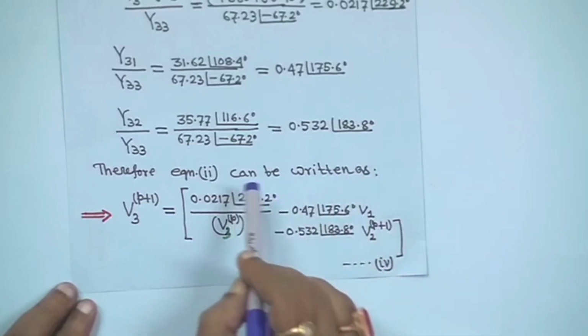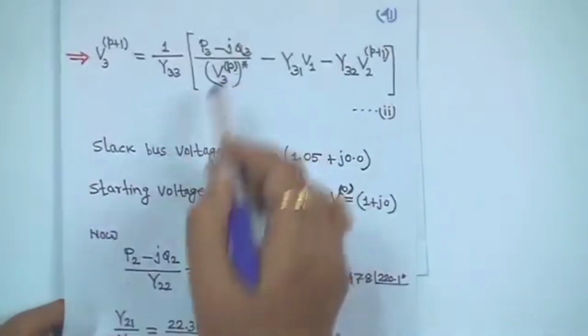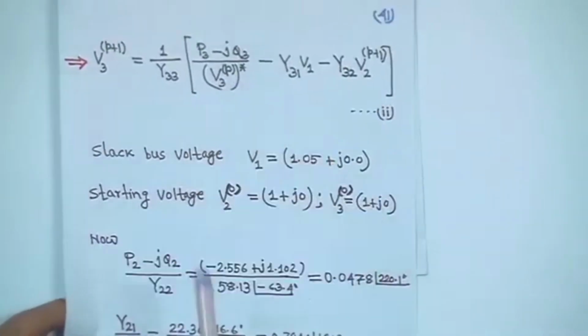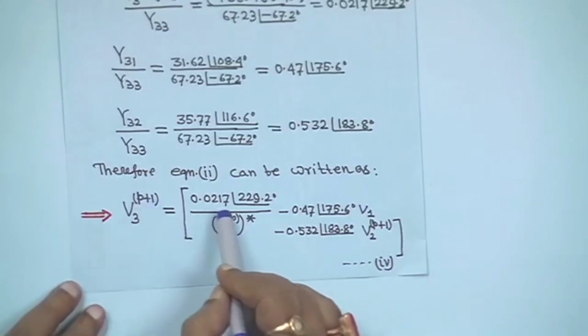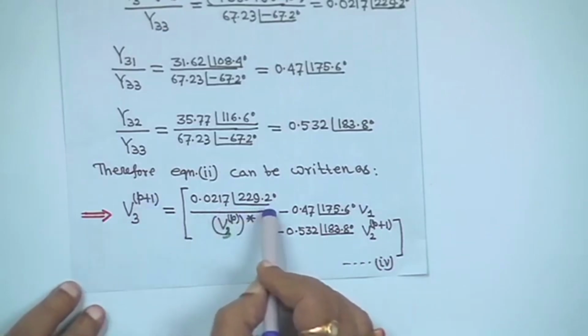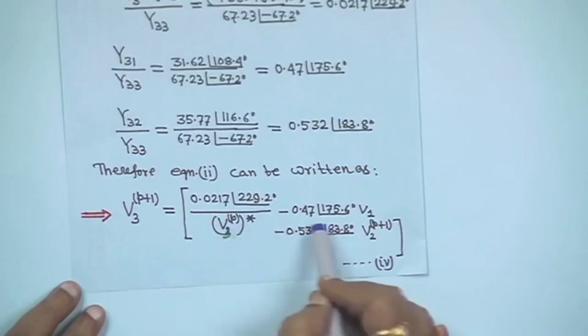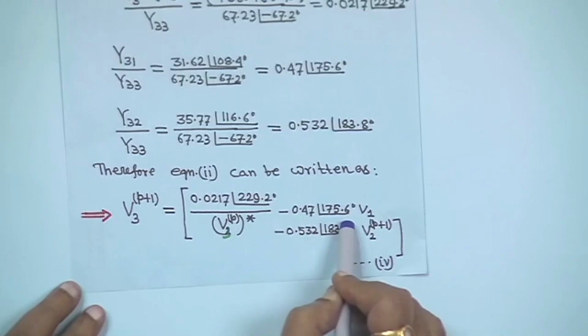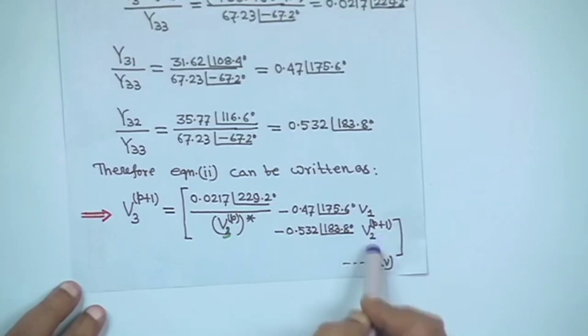Therefore, this equation can be written as V 3 P plus 1 is equal to 0.0217 angle 229.2 degree by V 3 P conjugate minus 0.471 angle 175.6 degree into V 1, then minus 0.532 angle 183.8 degree into V 2 P plus 1, where we are putting V 2.